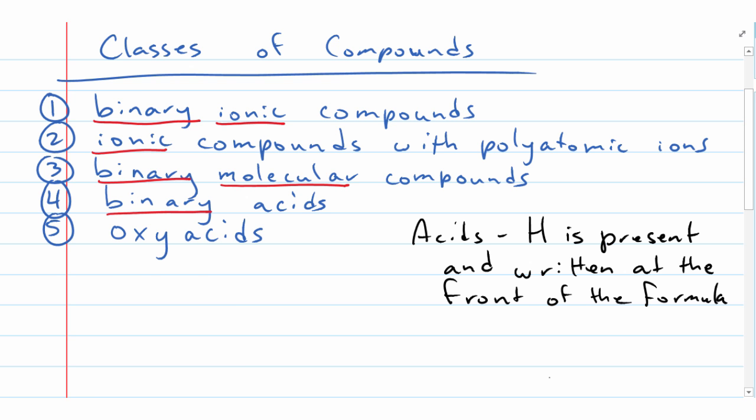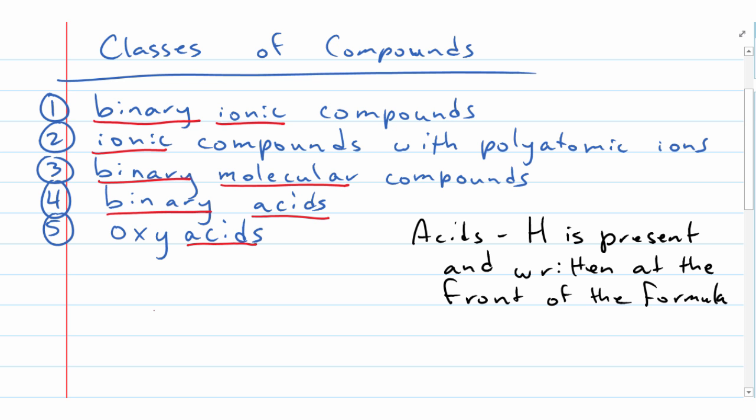So if it's a binary acid, a binary acid is going to contain how many elements? 2 elements. One element of which is going to be hydrogen. And then hydrogen is going to be written at the front of the formula.